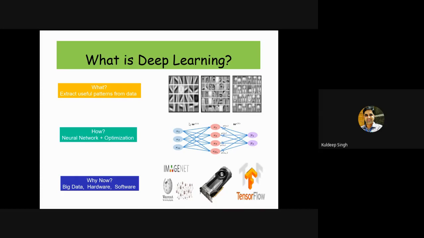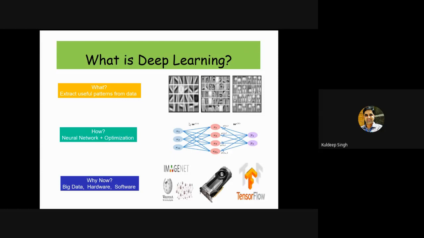Firstly, big data, the availability of a large volume of data for training these neural networks. These deep neural networks are data hungry. They need a large volume of training data. So with the availability of abundant data, we are able to train these deep neural networks.